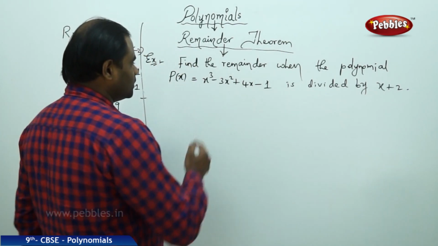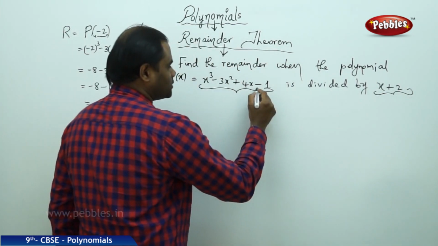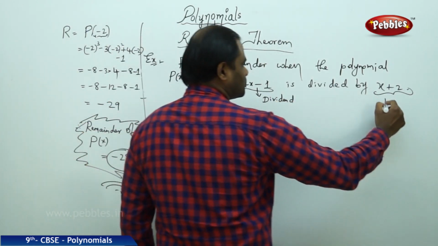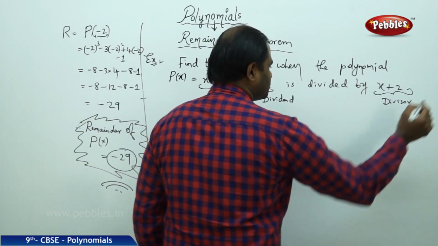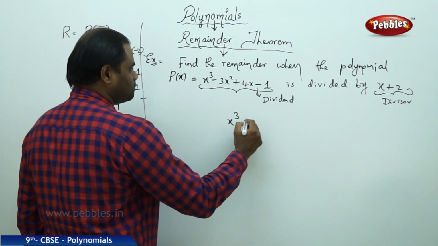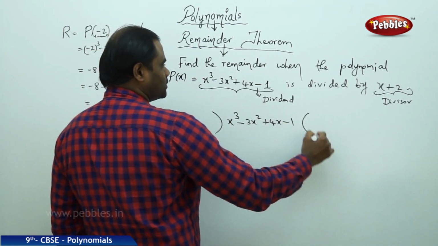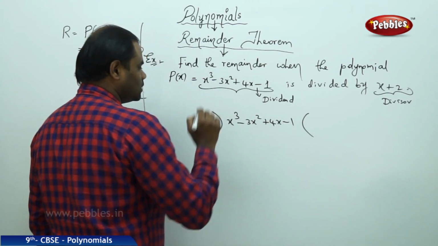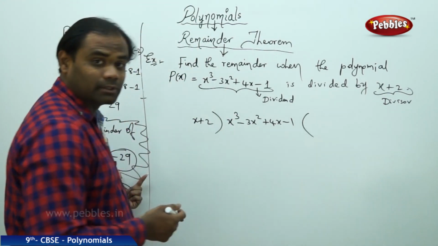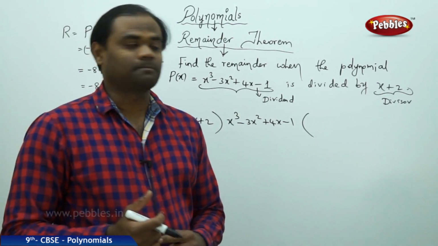So I have the polynomial, the dividend, and the divisor, which when divided gives me x cubed minus 3x squared plus 4x minus 1 divided by x plus 2. Let's find the quotient and the remainder, most importantly, to verify the remainder as obtained through the remainder theorem.